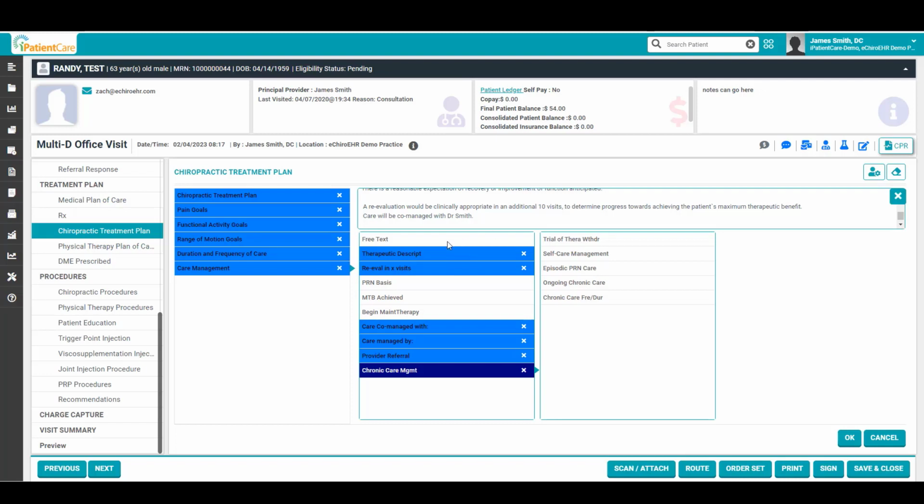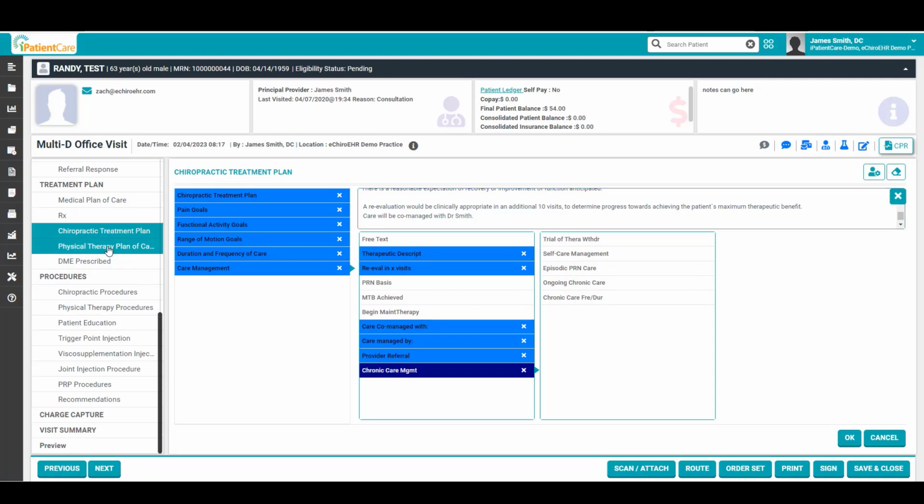And then finally, if this is a chronic care management situation and you are withdrawing therapy from the patient to see how they respond, this is another area where you can document the need for supportive care. So your care management helps provide some context around the treatment plan that you have prescribed.